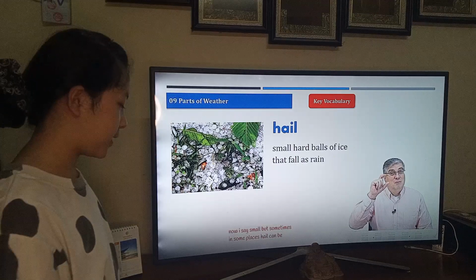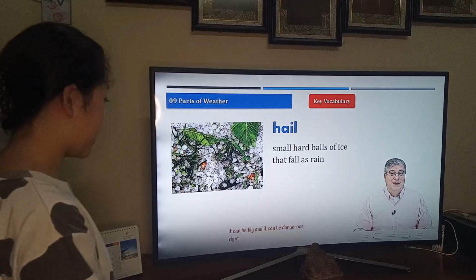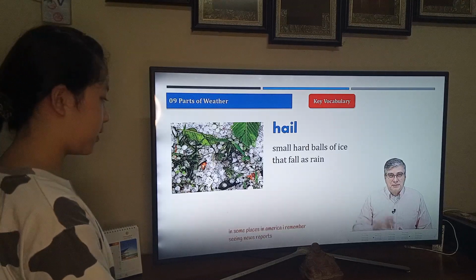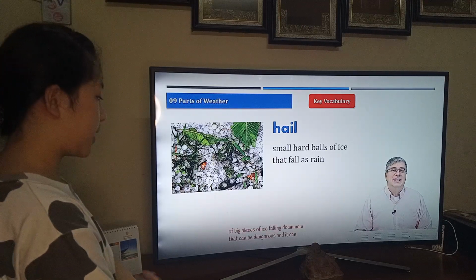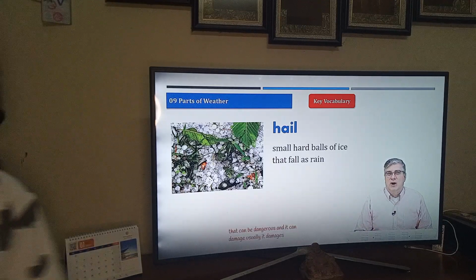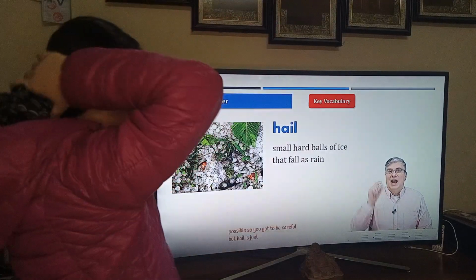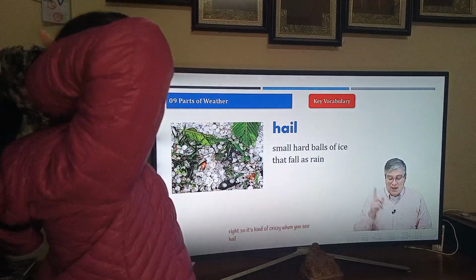I say small, but in some places hail can be bigger, it can be dangerous, right? In some places in America, I remember seeing news reports of big hail that can be dangerous. Somebody can be hurt, so you can get hurt by ice falling from the sky, right?